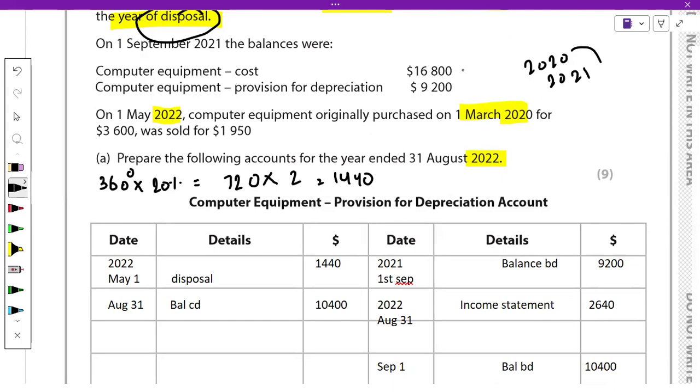As you can see, we have the cost of the previous equipment, which is 16,800. But we have sold out one asset from it, and its cost was 3,600. So if we deduct 16,800 minus 3,600, we have 13,200.